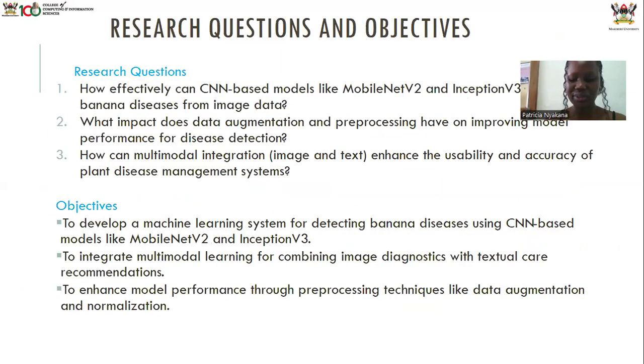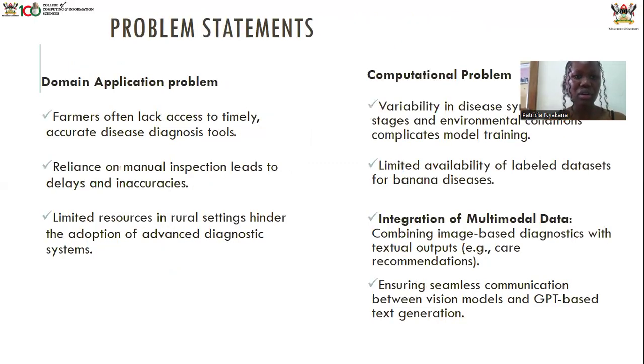And the problem statement: farmers often lack access to timely, accurate disease diagnosis tools, and rely on manual inspection. This leads to delays and inaccuracies. Then there are limited resources in rural settings, and this hinders the adoption of advanced diagnosis systems.